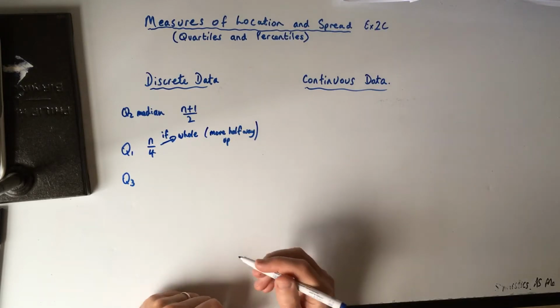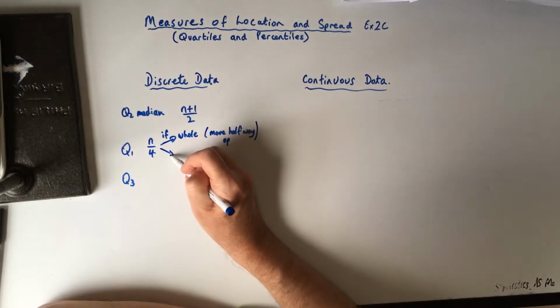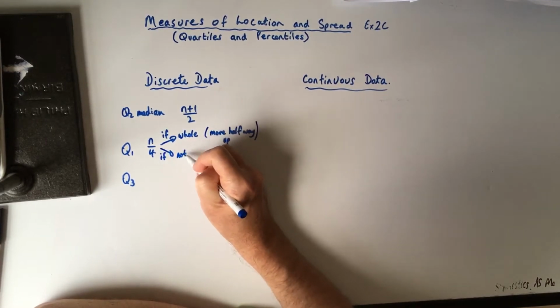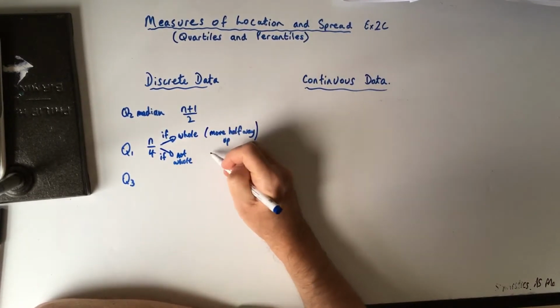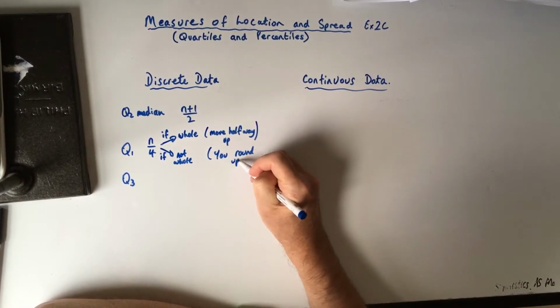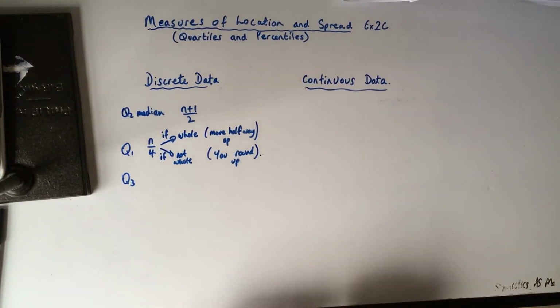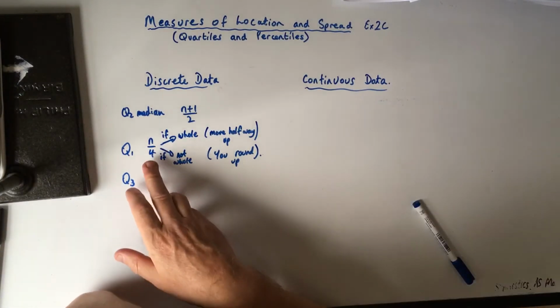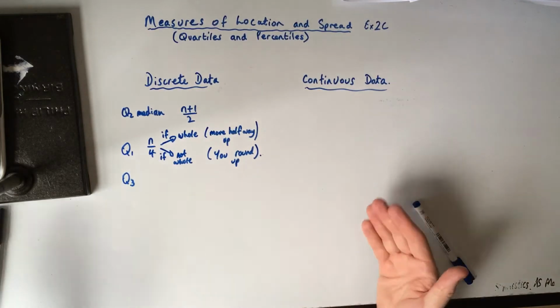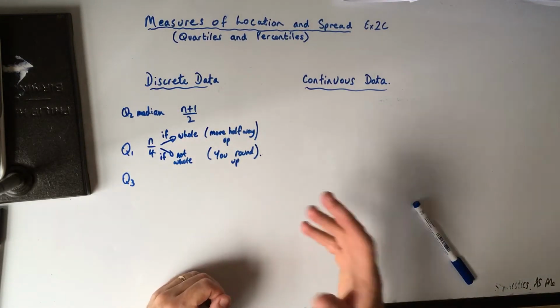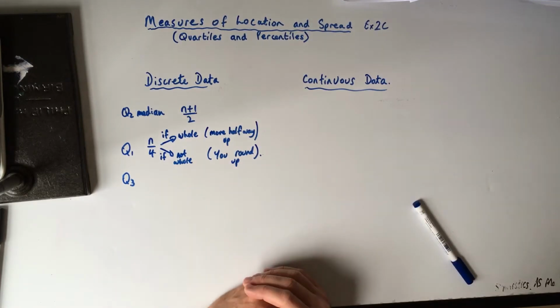Okay, but if it's not whole, you round up. So for instance, if you had 17 in your sample, you divide by 4, and when you divide by 4 you get 4 point something, so you take the 5th value.